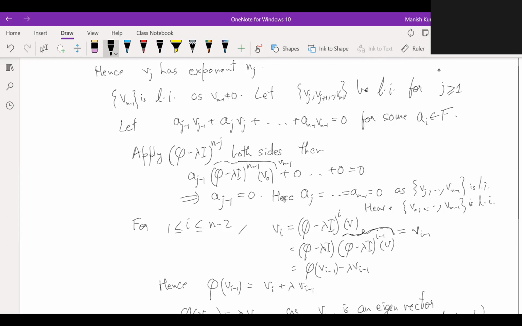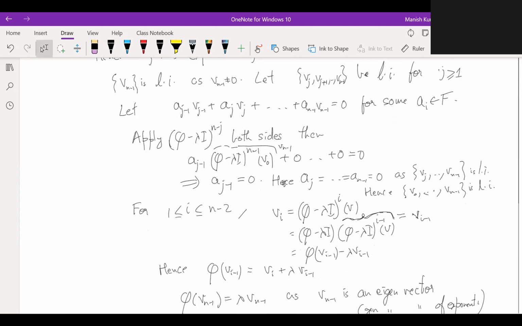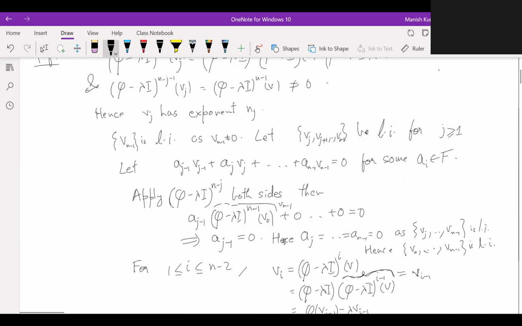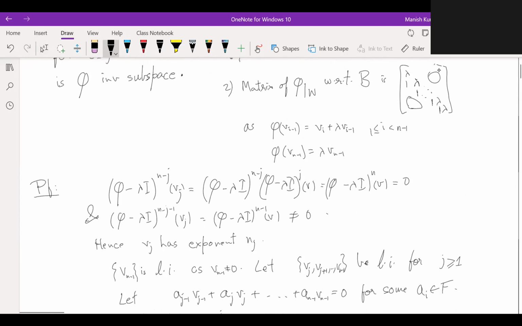If you expand it, phi minus lambda I applied to Vi minus 1 is phi of Vi minus 1 minus lambda times Vi minus 1. So that tells you that phi of Vi minus 1 is Vi plus lambda times Vi minus 1. That gives the first line of this equation.